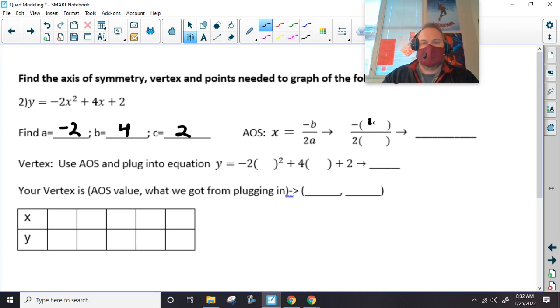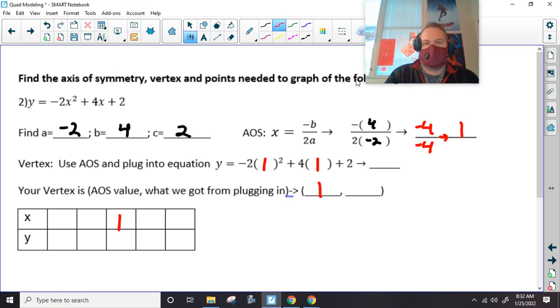All right. So plug in 4, -2. We get -4 over 4, which is 1. All right. So we can plug stuff in here.